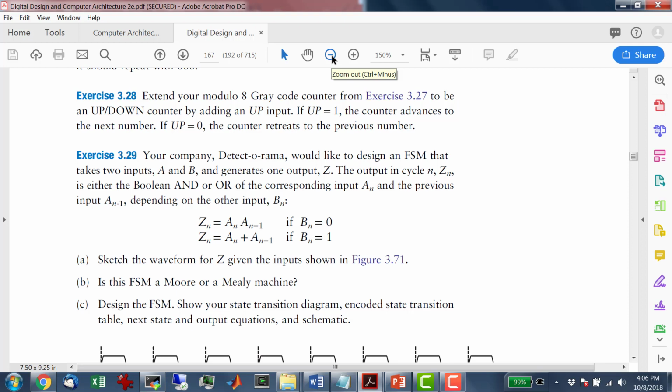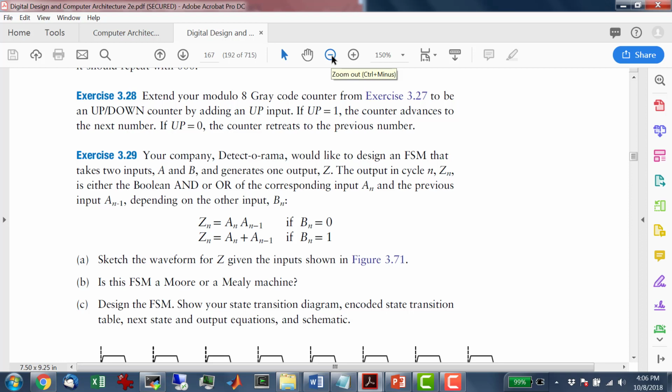So the output depends on the state. Old A is the state. And it depends on B. So it's a Mealy machine. This cannot be a Moore machine because it's kind of the textbook definition of what a Mealy machine is, which is the output is a function of the current input, which is A, and the state, which is old A, right?